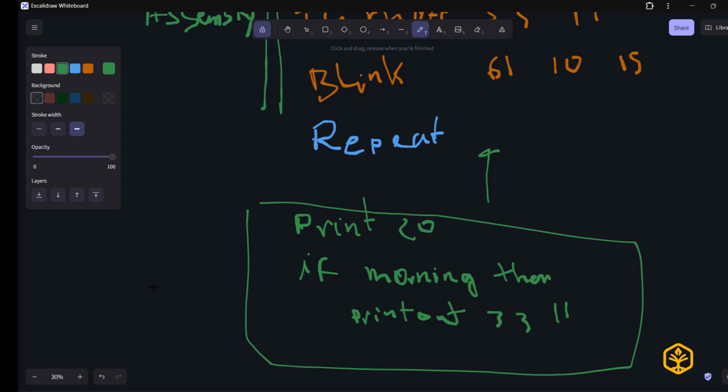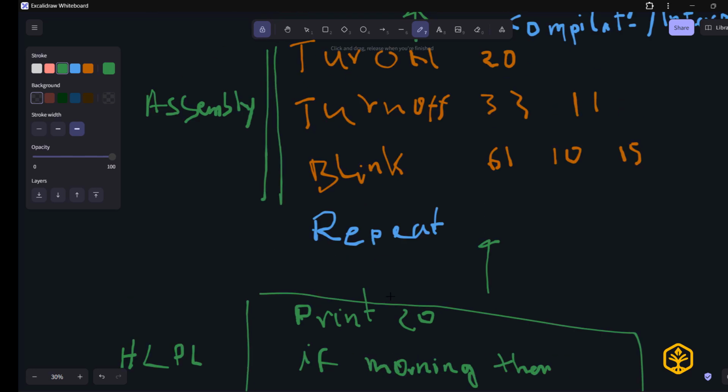So nowadays, what you are learning, you are going to meet these high-level programming languages. Some of them you will meet are like the C programming language, Python programming language, and so on. Now, the interpretation of these languages into assembly does not always happen like that in reality.